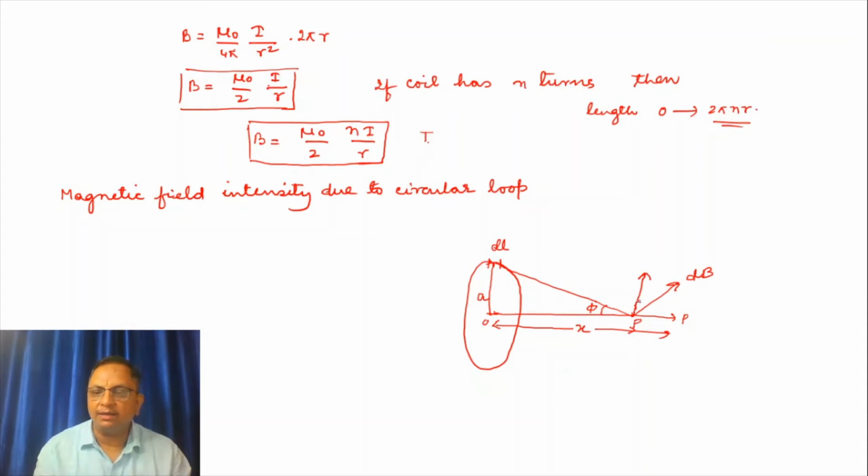Here it is phi, this will also be phi, and that is perpendicular. Now this will be dB cos phi, and this will be dB sin phi.